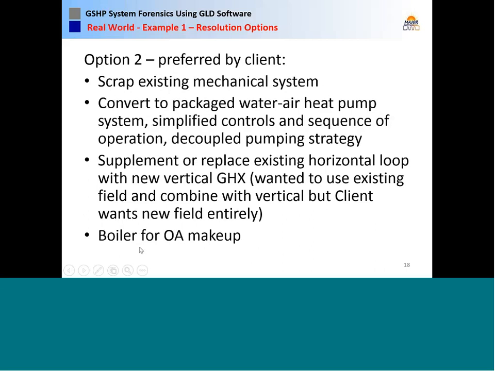And then they ended up wanting to go with a brand new vertical loop field. We did recommend staying with a boiler for outside air makeup, and they did accept that. So once all the negotiations get done, they'll decide which option they're going with.